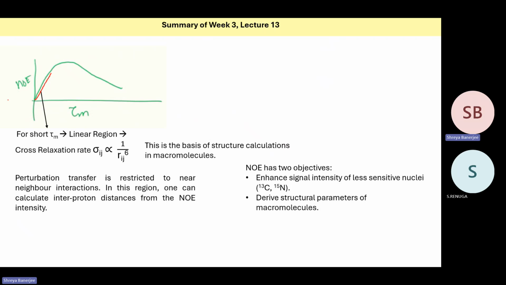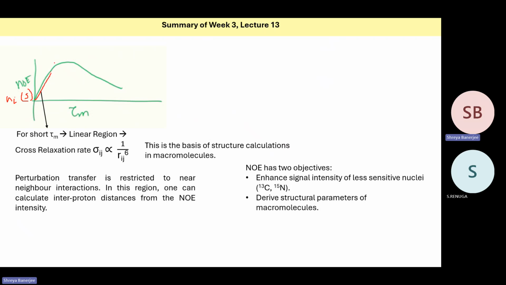This NOE again is basically what we were talking about, NIS, before. So as the tau mixing is increasing, the NOE is also increasing. And after a certain time, it will plateau. But we consider up to the linear portion.